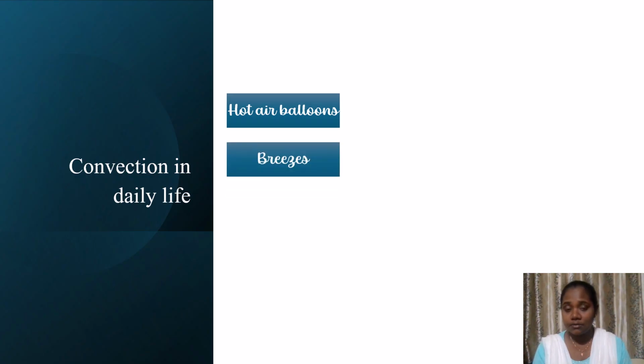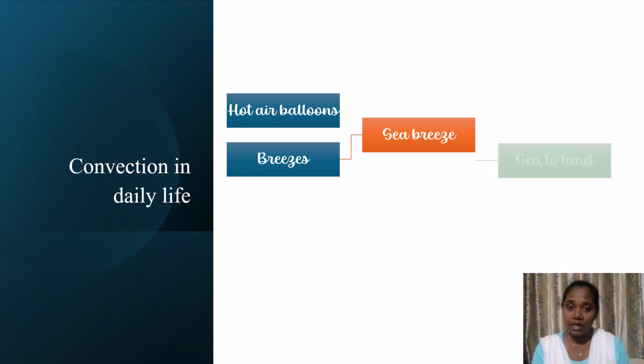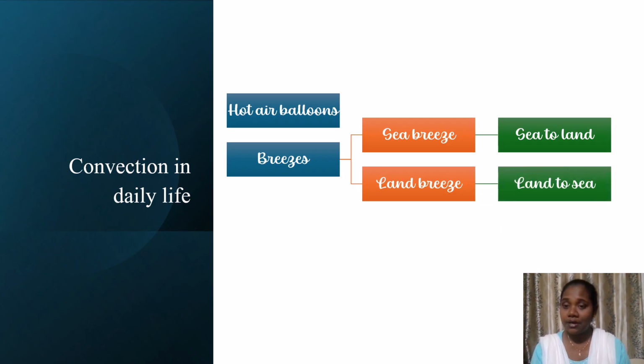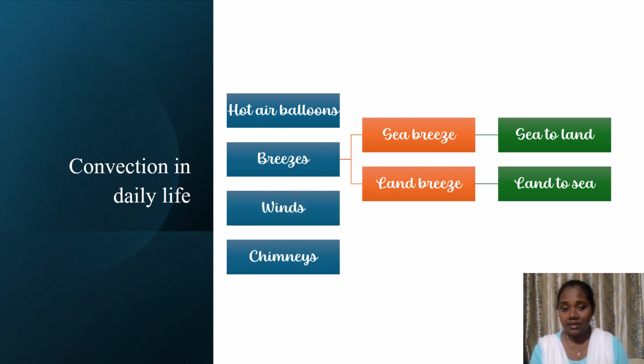In breezes, there are two different types. One is the sea breeze, which is from sea to land. The next one is the land breeze, which is from land to sea. Next are the winds, and then the chimney in our kitchen.